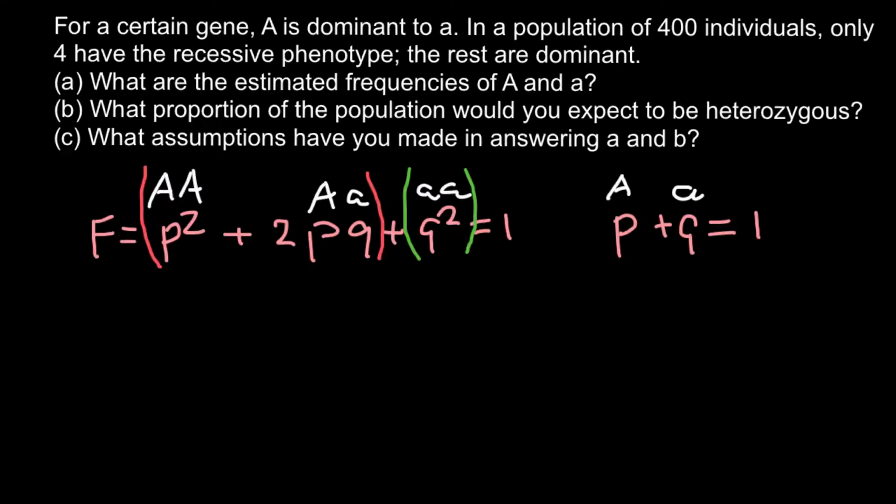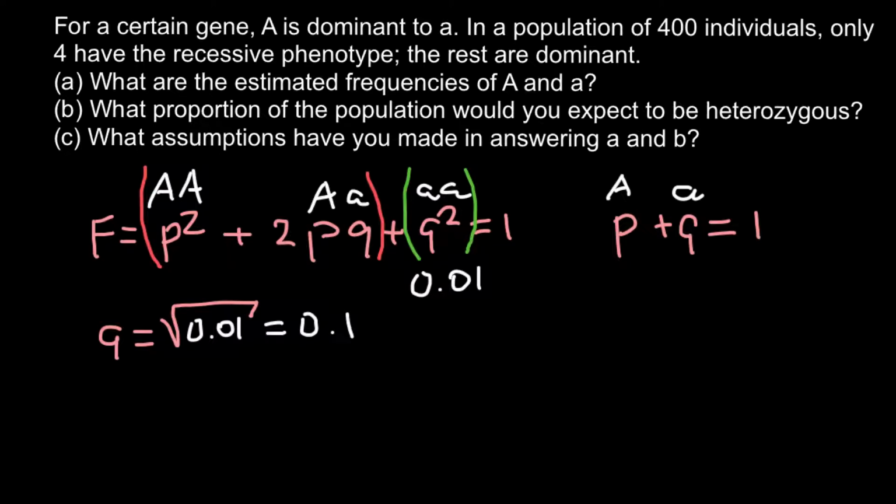So 4 out of 400 is 1%, or we can say the frequency on the scale between 0 and 1 would be 0.01. If we know the frequency of the homozygous recessive genotype, represented in this formula by q squared, we can find q. So q would equal the square root of 0.01.